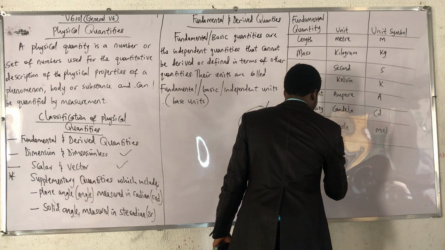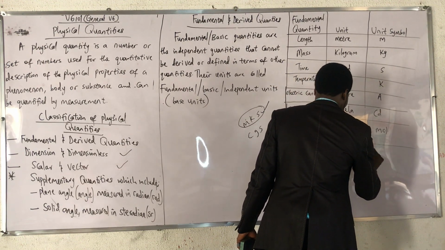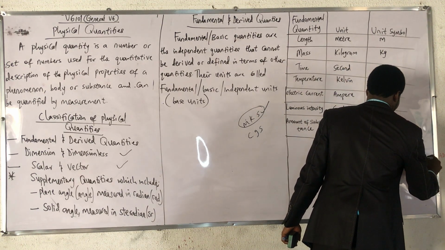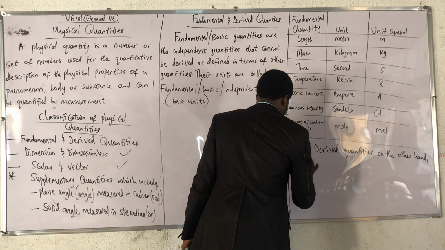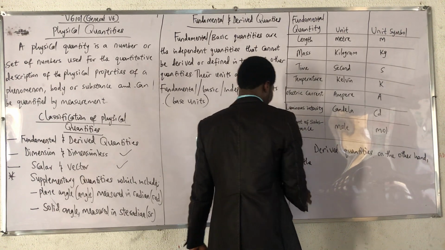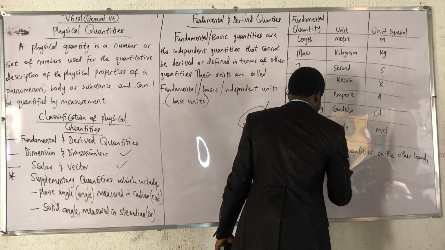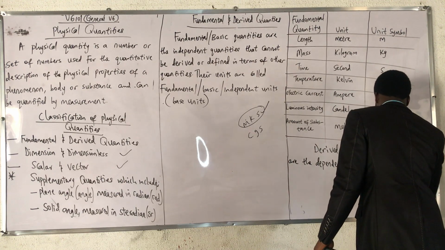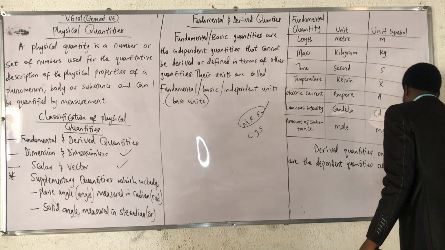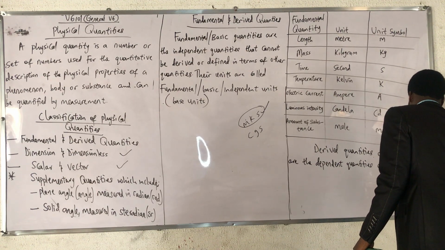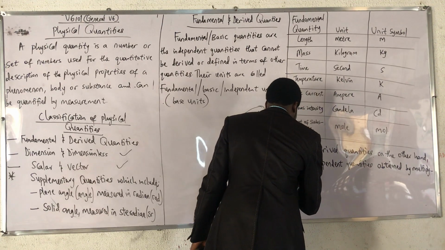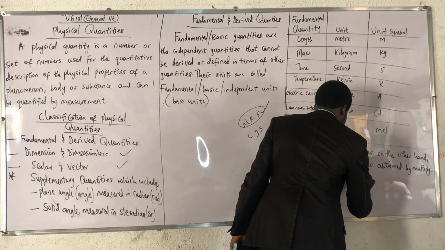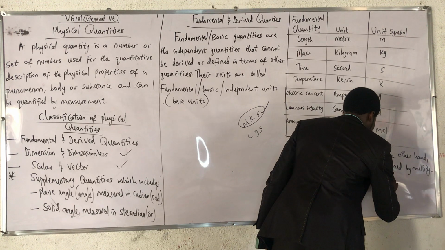What are derived quantities? Derived quantities, on the other hand, are the dependent quantities obtained by multiplying or dividing two or more fundamental quantities.